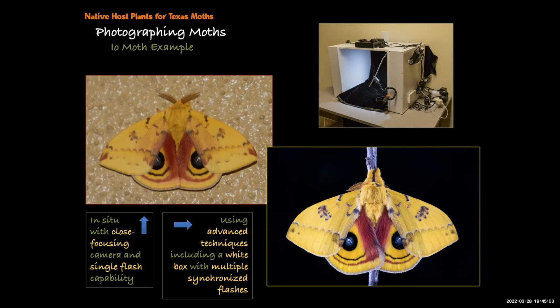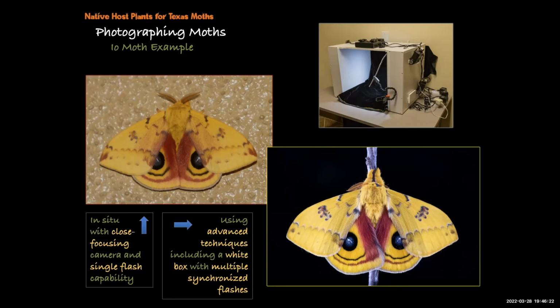We can position it like we like. And when we take a photograph of it, when we press the shutter, all of those flashes go off at once, and they get rid of all of the shadows in the picture, and you get a much brighter photograph, much more vivid colors. You can see the detail in the scales, and we use a black velvet for the nighttime background.